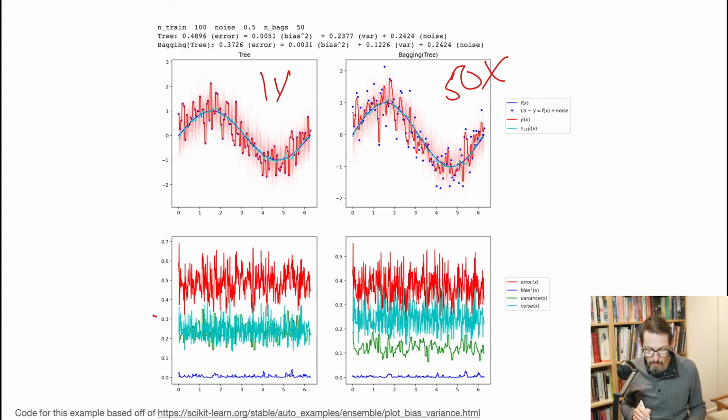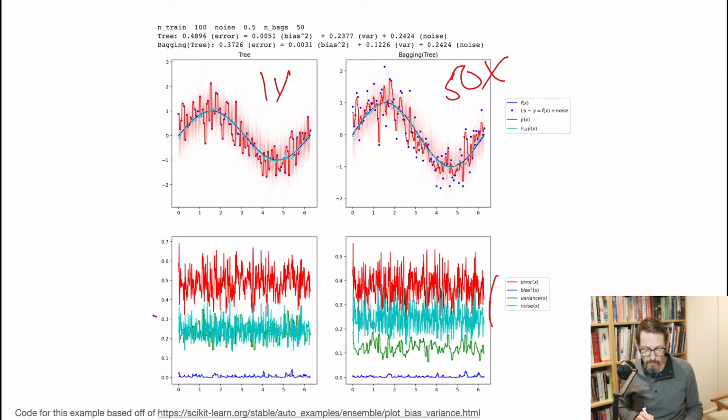What you see coming out the bottom is that the green variance term has dropped way down. It's come out from underneath that cyan noise term. The flip side of that, you would think, is that the bias must be getting higher, because it's a trade-off. But no, the idea of the bias-variance trade-off is that it is the usual thing, but it's not the only thing.